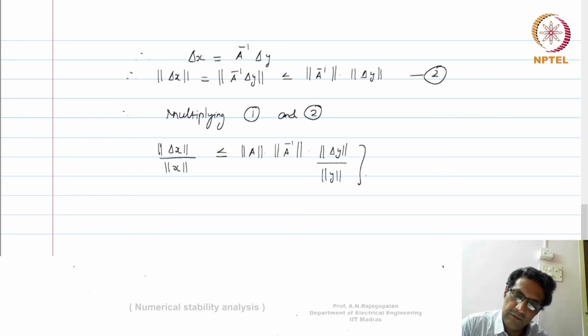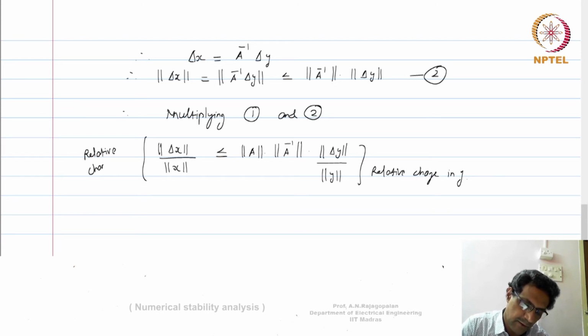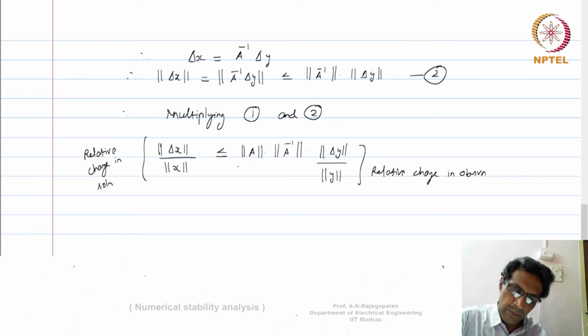Now, if you notice, this is the relative change in y, or relative change in observation, and this is the relative change in x, which is the solution. So what you find is that the relative change in the solution is actually upper bounded by a number times the relative change in observation.